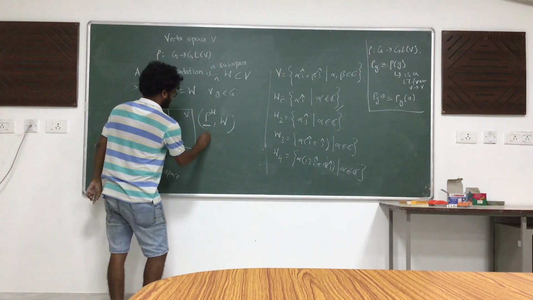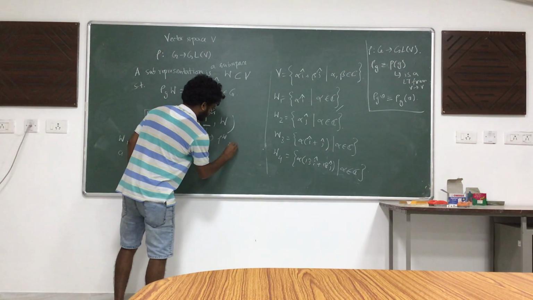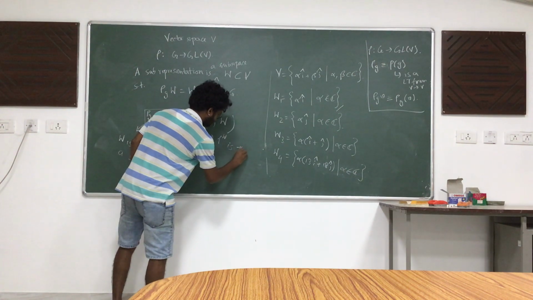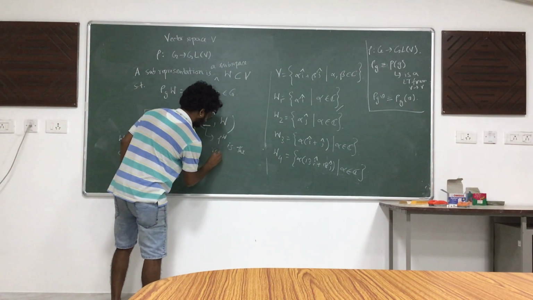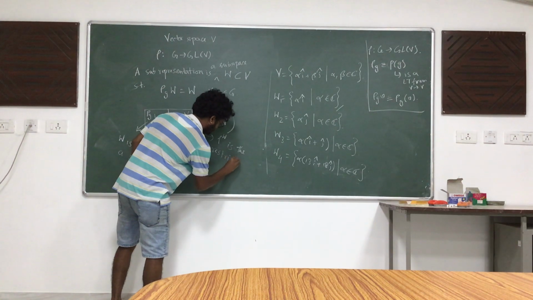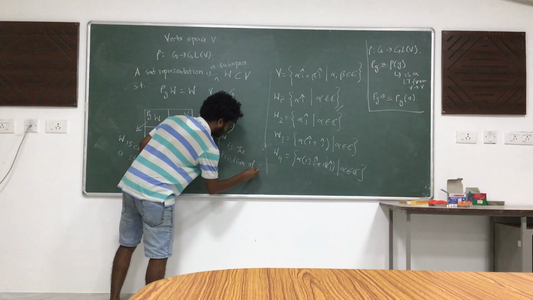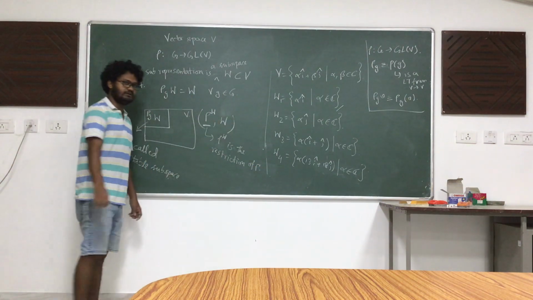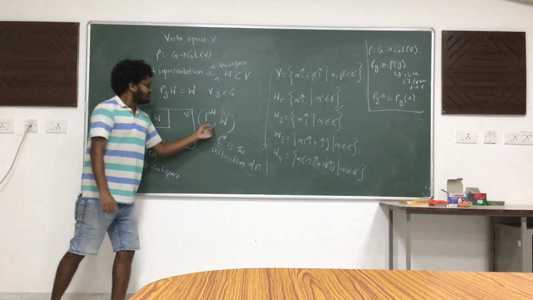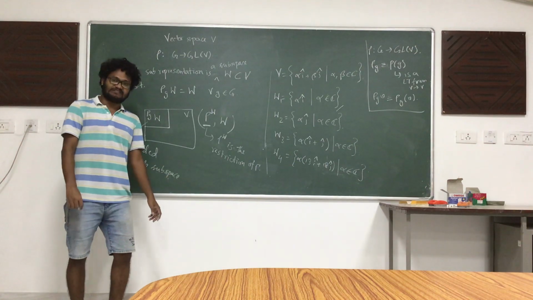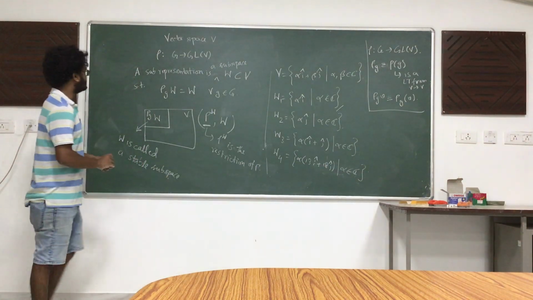So we call rho W the restriction of rho. So this will be called a subrepresentation. Okay. So this part is clear.